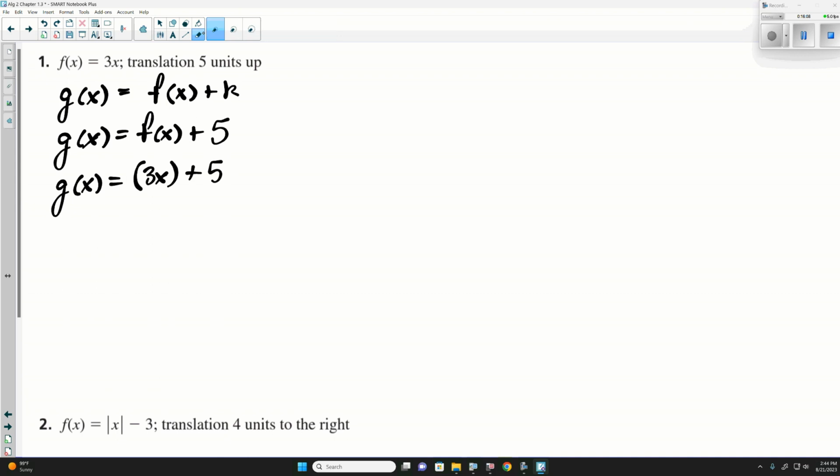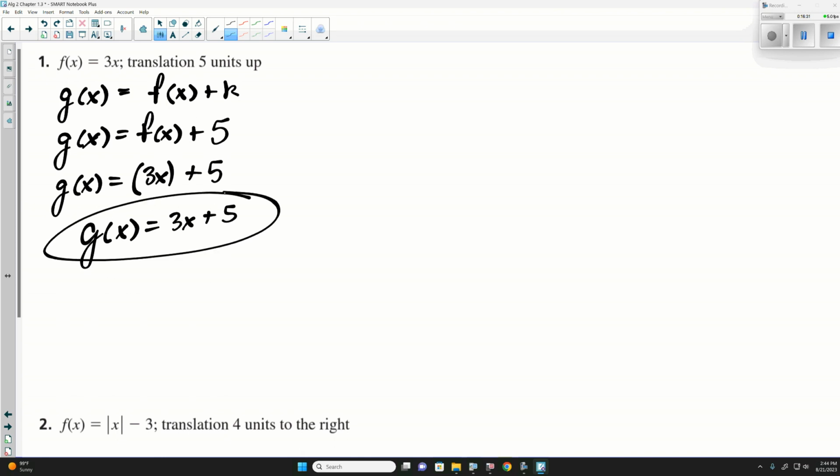And do we really need the parentheses for this one? No, because there's nothing really in front of it or behind it. It wouldn't be wrong if we keep it. It's just we would need to drop the parentheses.